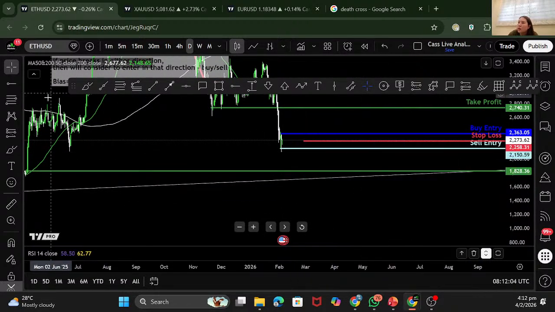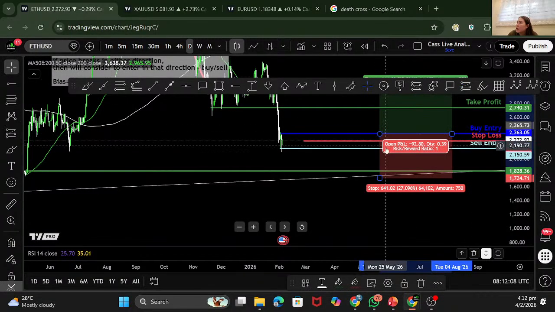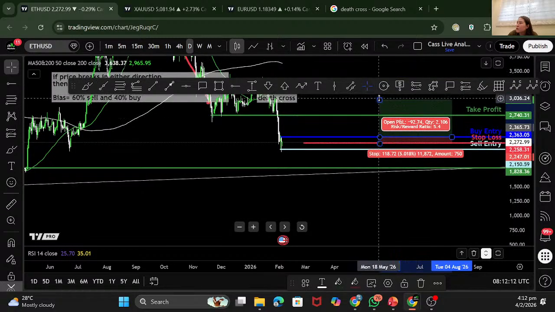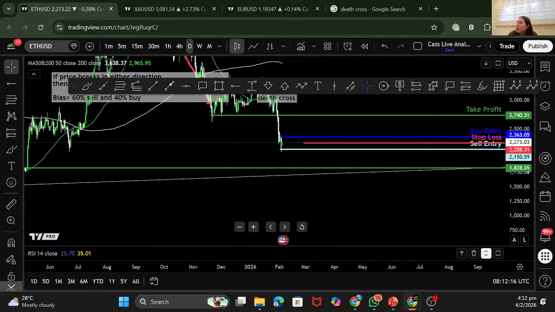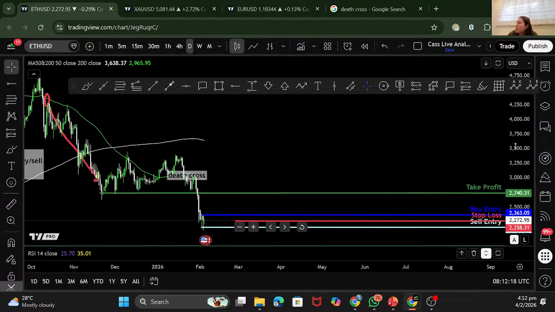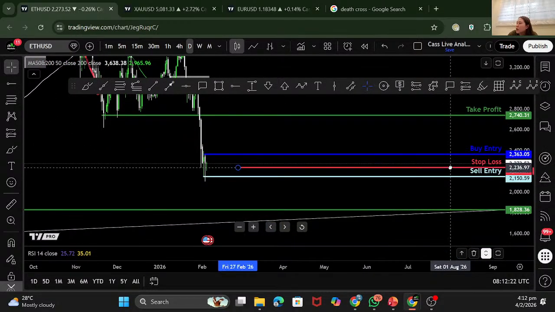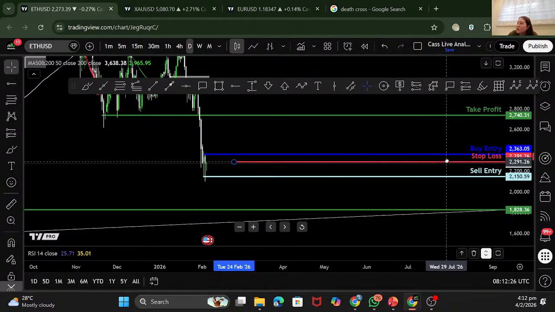Not too bad, not too shabby. And this is my 1 to 3 setup. The better stop loss, if I'm being very honest, could be somewhere in this box, but a bit lower or a bit higher.